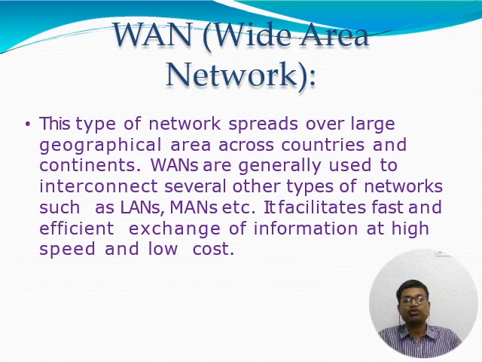WANs are generally used to interconnect several other types of network such as LAN, MAN, etc. It facilitates fast and efficient exchange of information at high speed and low cost. So these are the categories according to the geographical area, the locations. They can be considered as LAN, MAN, PAN, and WAN, according to their geographical locations.